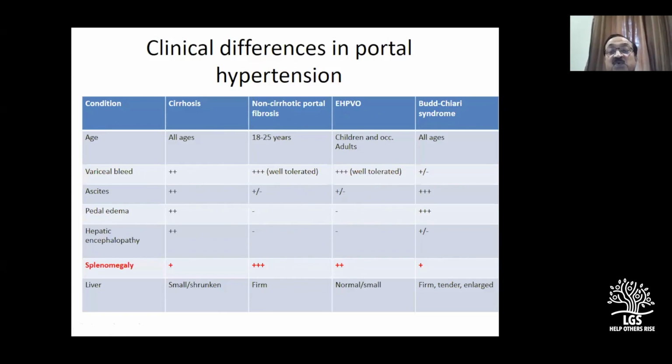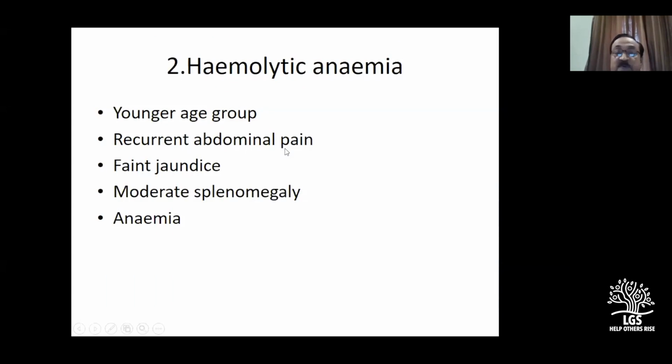So you concentrate mainly on these two conditions. When you are in a surgical ward, when you give a diagnosis of splenomegaly, am I dealing with extrahepatic portal hypertension? If so, what have I got? Or am I dealing with non-cirrhotic portal fibrosis? What is this list which I have got? I hope these simple things will help you.